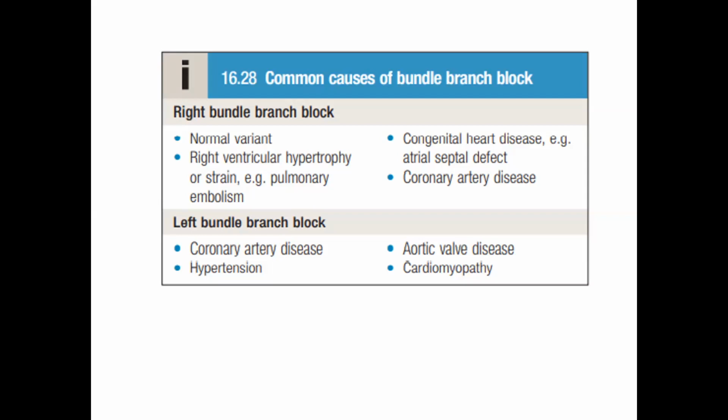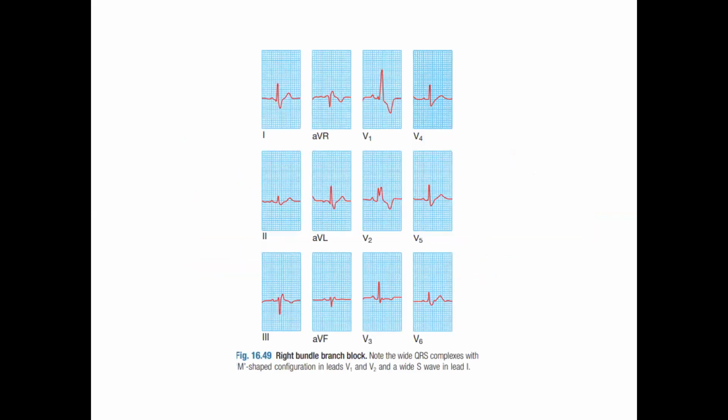So these are the causes of bundle branch block, right and left. See, coronary artery disease is a cause in right bundle branch block, but in left bundle branch block the main causes are coronary artery disease and hypertension.